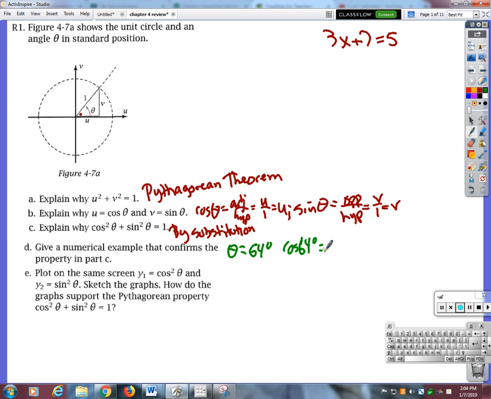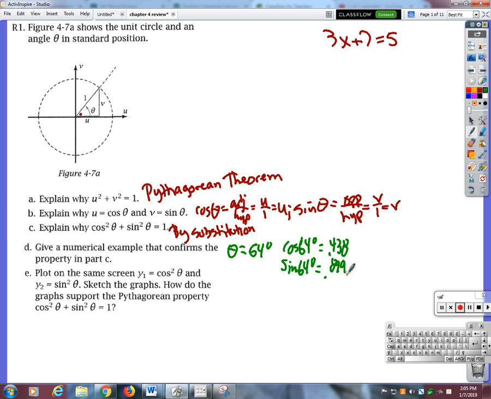So what's the cosine of 64 and what's the sine of 64? You're in degree mode, I checked it for you. 0.438. Okay, what's the sine of 64 degrees? 0.899.